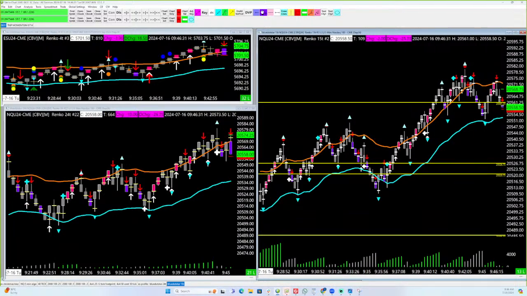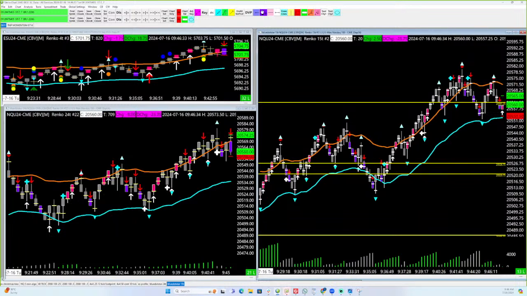Plus sign's verified. It's a 20-point stop on the right here. Sorry, I missed it on the 24. But your entry is 56. The stop is 76. 56, 66, 76, right there.